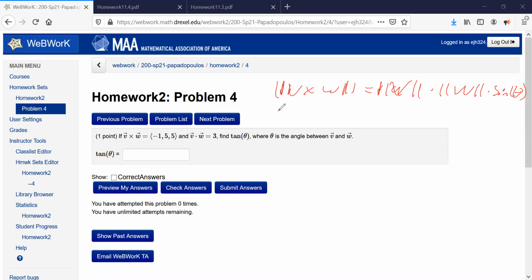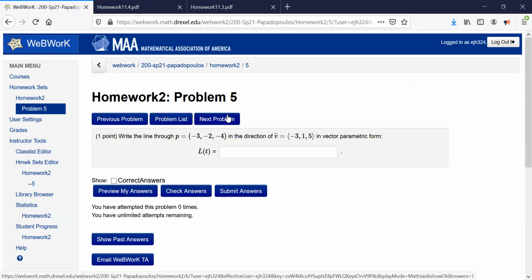And then the dot product is going to be equal to the magnitude of V times the magnitude of W times the cosine of the angle between them. So that is how this kind of relates very intimately into trigonometry.